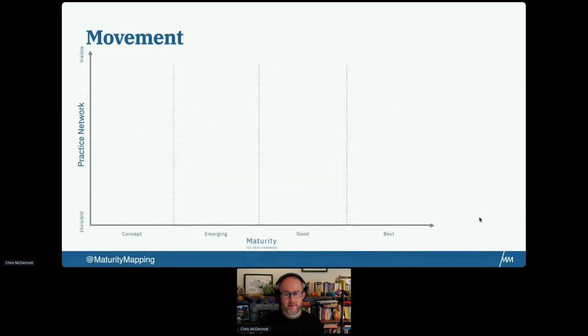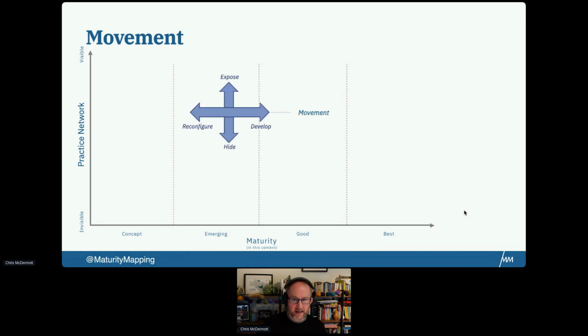So how do we then describe our movement on a map? Again, there is a slight difference, I suspect, between maturity mapping and Wardley mapping, in that we look at movement in all directions. Going back to what Simon said earlier on as he was introducing Wardley maps, space has meaning, but we think there's meaning in movement across the various spaces of a map.